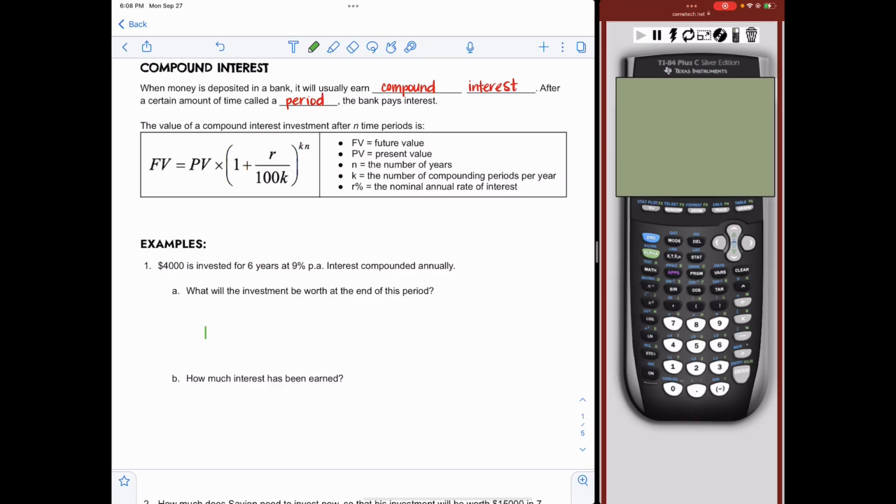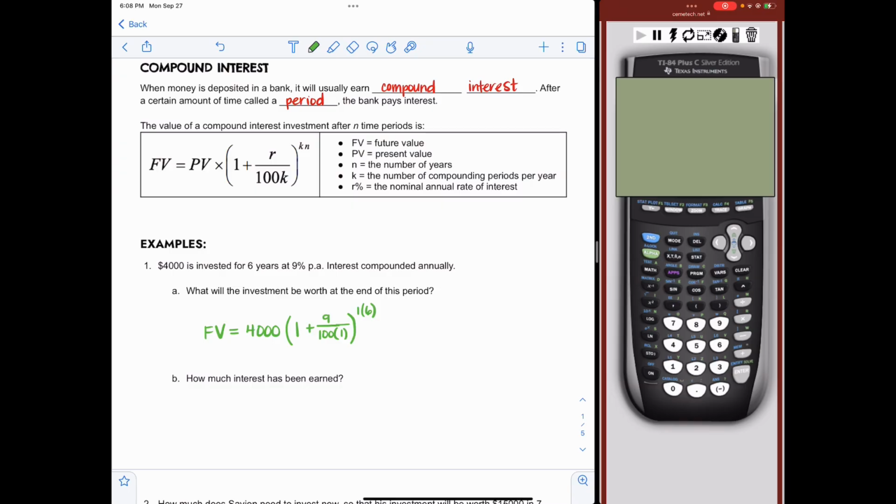So I want to know the future value. The future value will be equal to the present value, which is 4,000, times 1 plus my rate of 9%, divided by 100 times 1 because it's compounded once a year annually, to the power of 1 times 6.